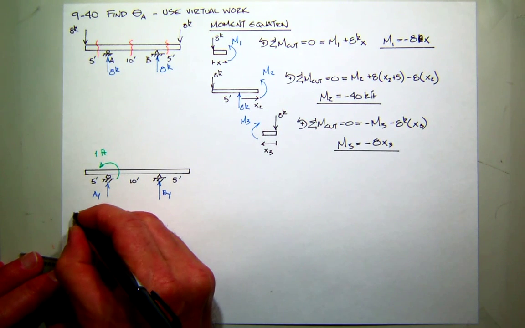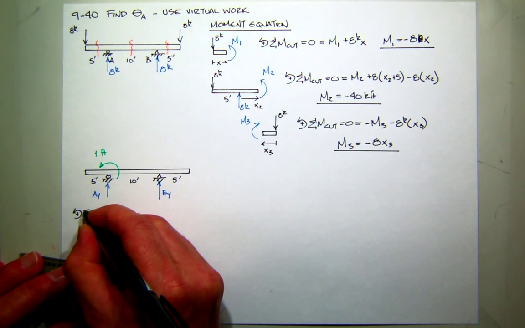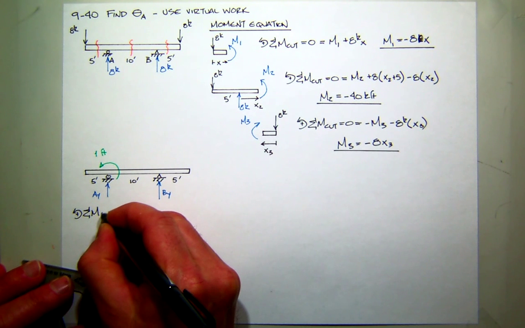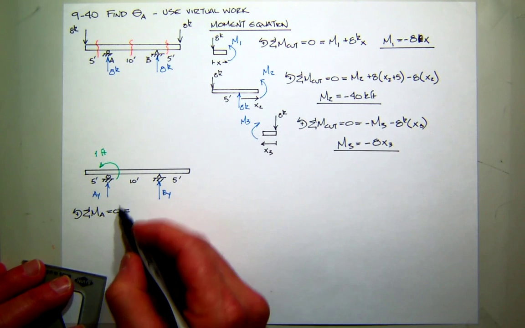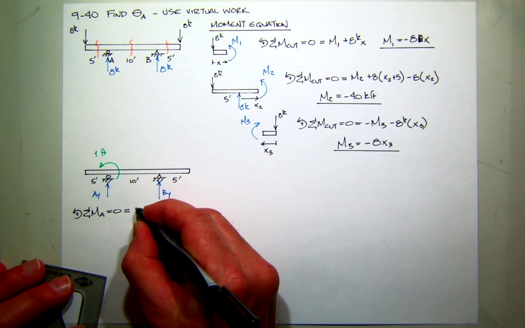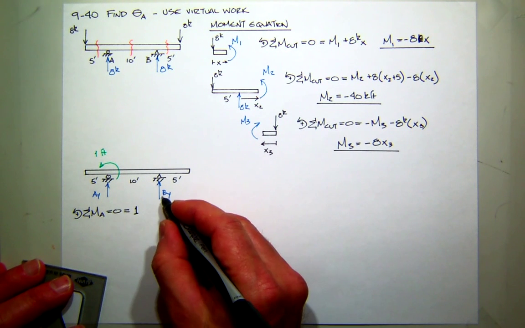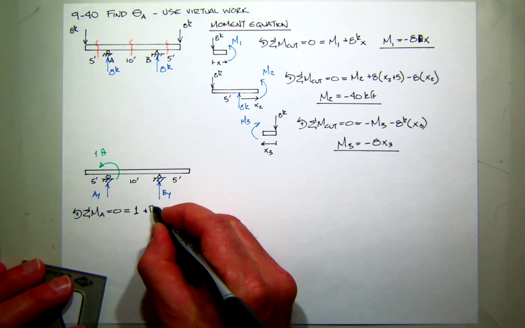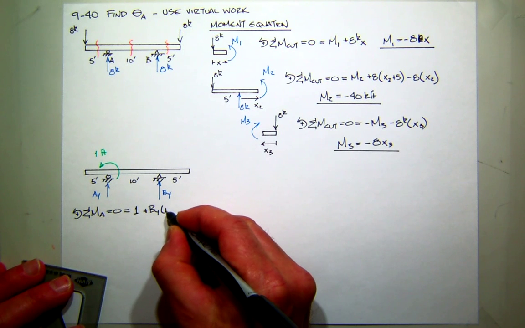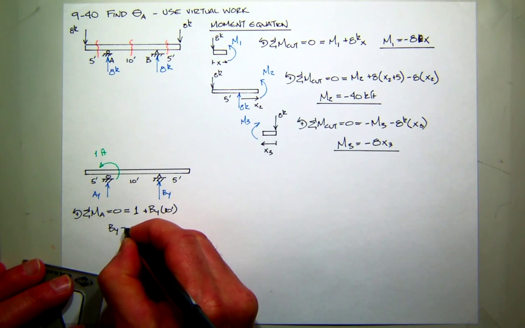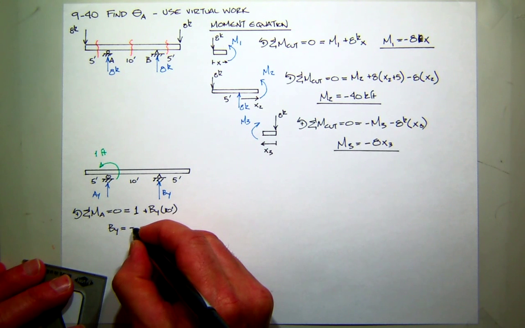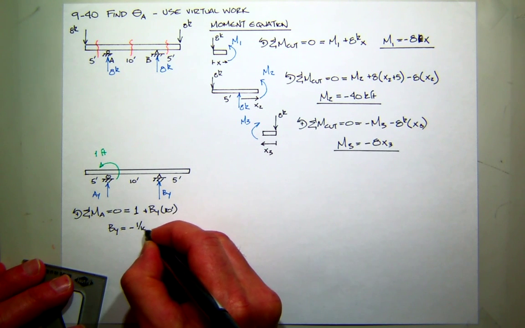So if I come back here and sum my moments at A, make sure it's in equilibrium, what do I have? Well, this is a positive couple of 1. This also creates a positive moment of BY times 10. So it looks that BY is equal to negative 1/10.